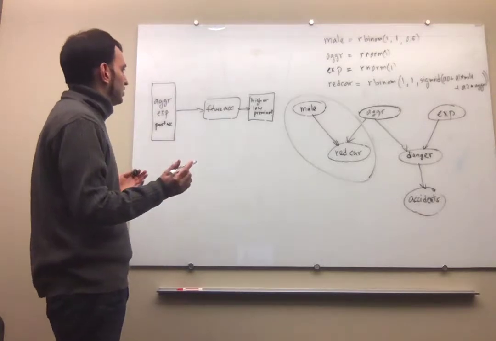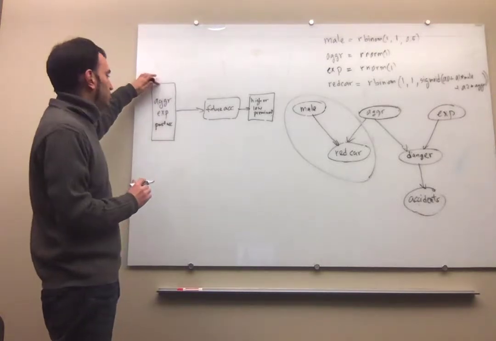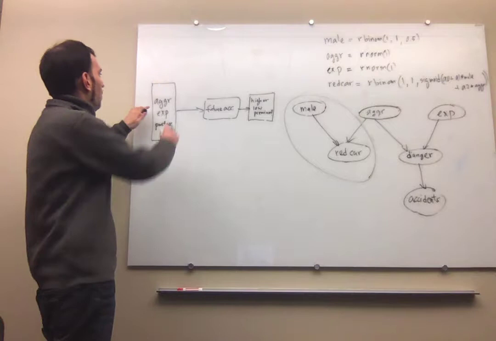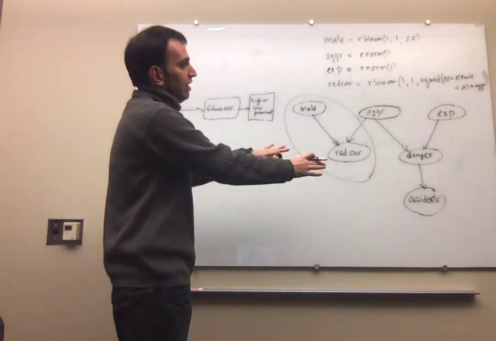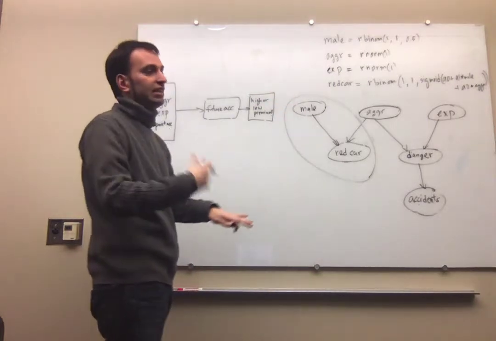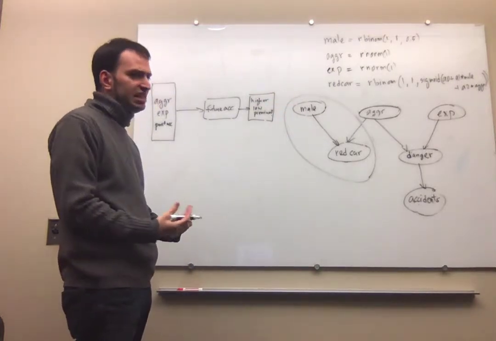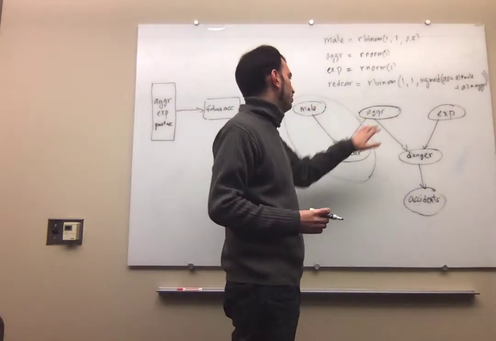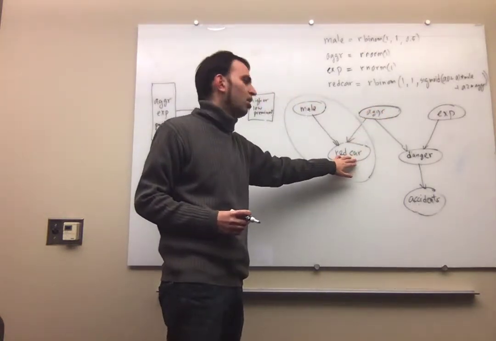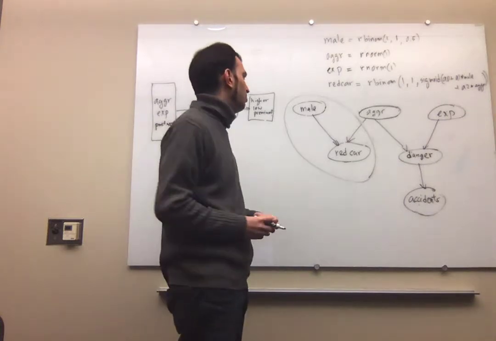So how is it going to go? Well, we're not using male, we're not using red car. What we can do is predict aggression by looking at the training data and at the characteristics of a new person. You can see how it would go. So let's say that both being male and aggression cause you to buy a red car with higher probability.